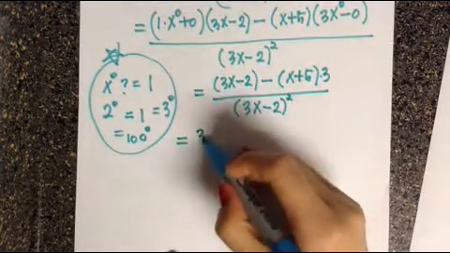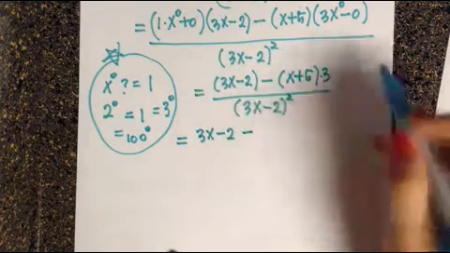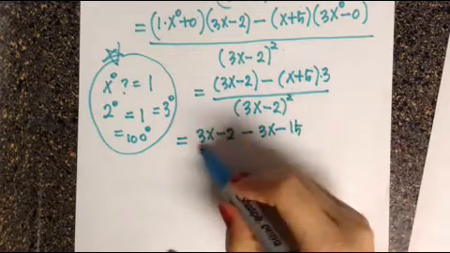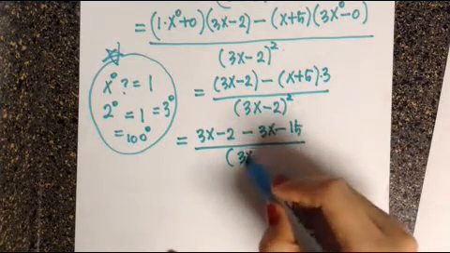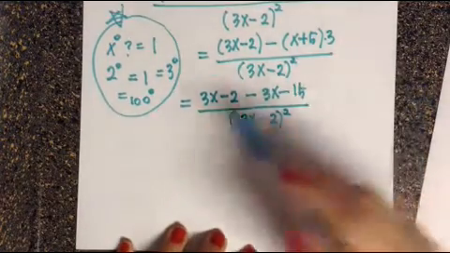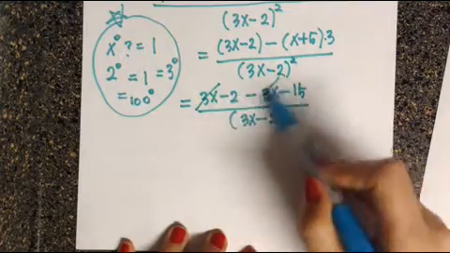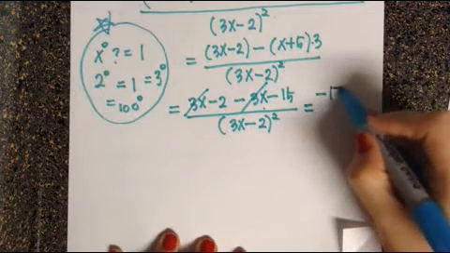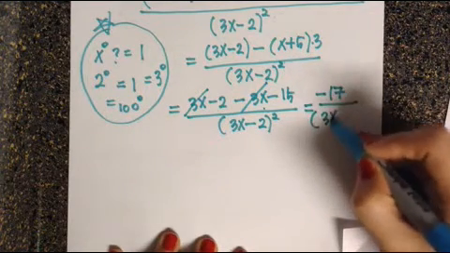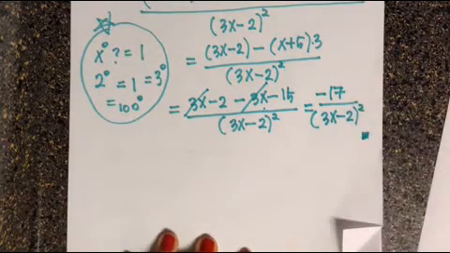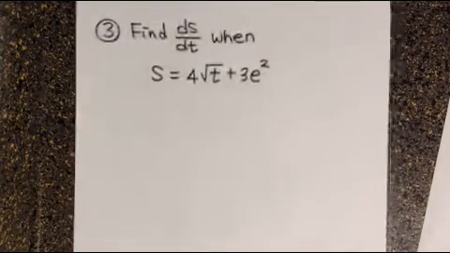So now you have 3x minus 2 minus, if you distribute, 3x minus 15, over 3x minus 2 squared. 3x cancels, and then now you have negative 17 over 3x minus 2 squared. Done. Let's do the next problem.